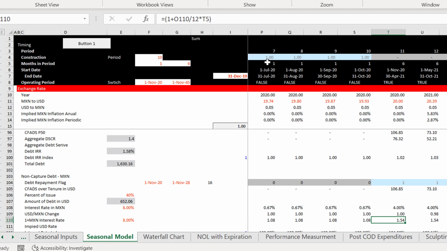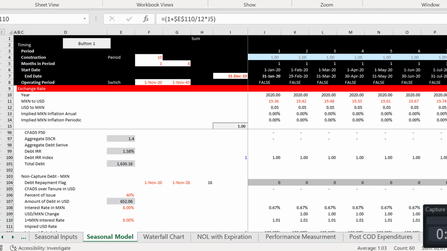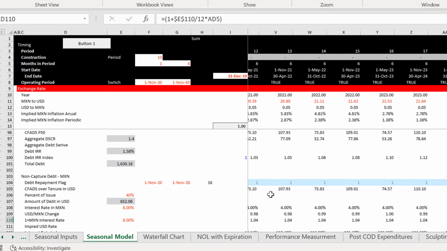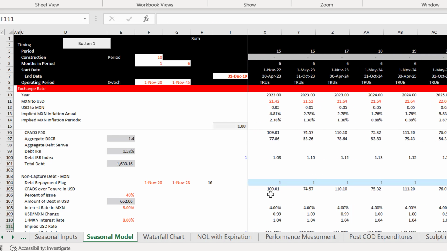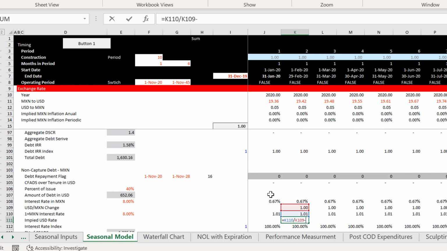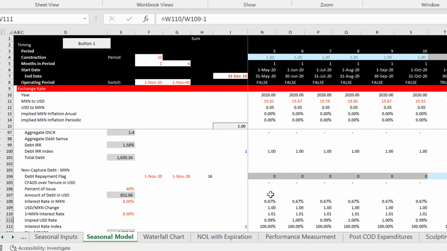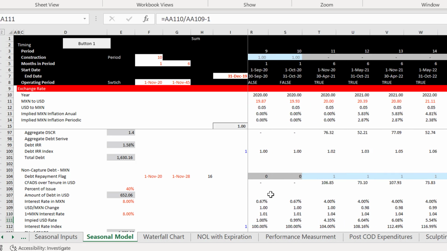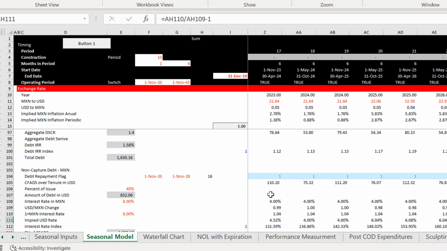This looks a little bit wrong. Well, duh, I didn't press the famous F4. Okay, and then we can get this famous formula. It's not a very famous formula, but for me it is. And we take this divided by that one. And then we put a minus 1 on it. So this is the implied US rate from the changes in the exchange rate.